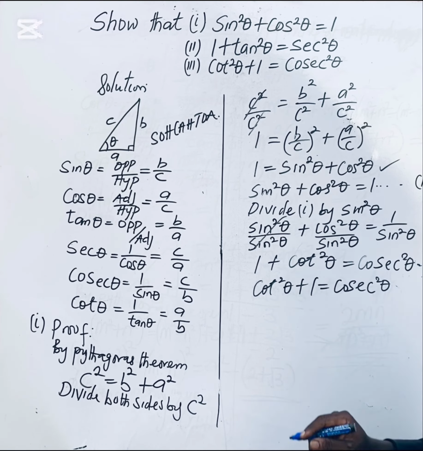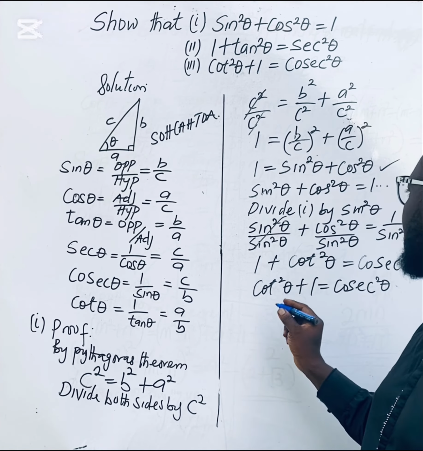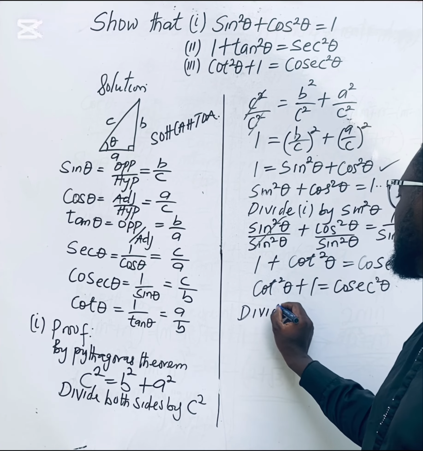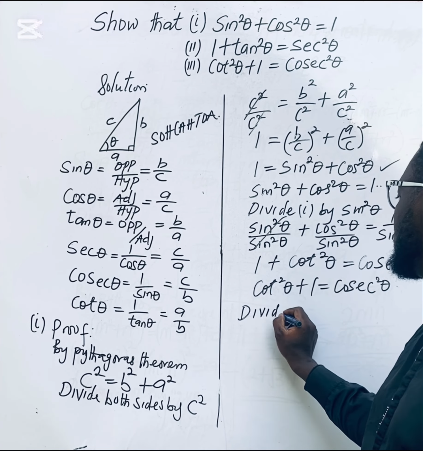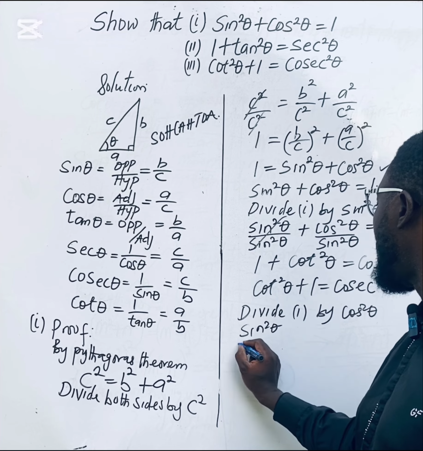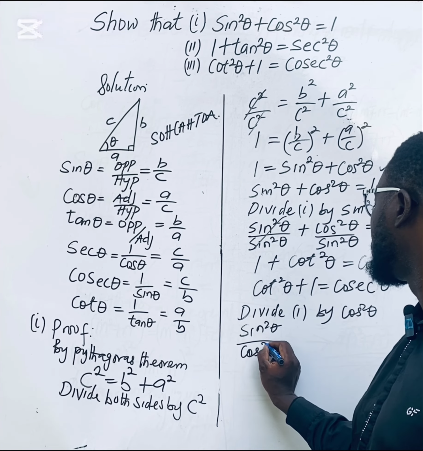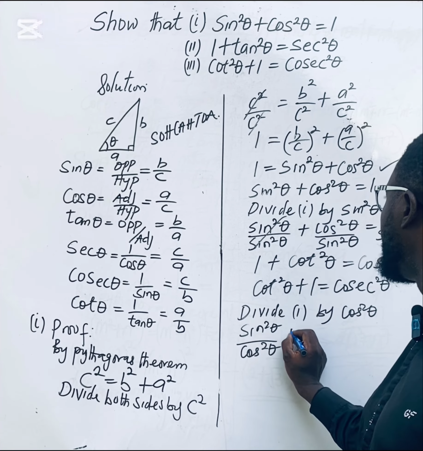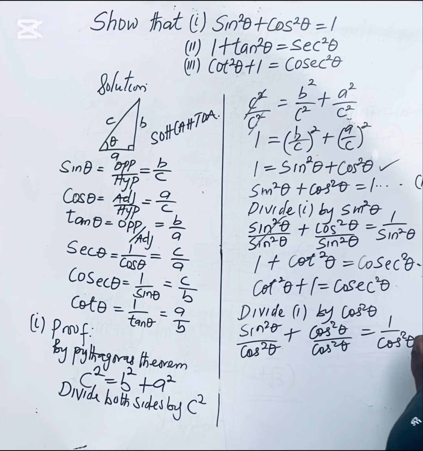All right. So let's go. So we can still prove the other one. How do we do that? Divide equation 1 by cos square theta. Just a simple logic, right? So when you divide, you have sine square theta all over cos square theta plus cos square theta all over cos square theta equal to 1 over cos square theta.